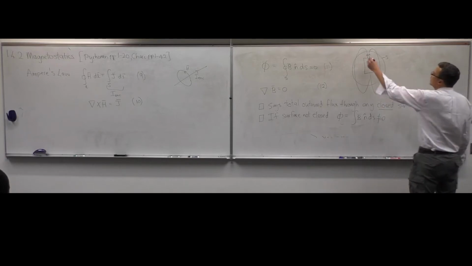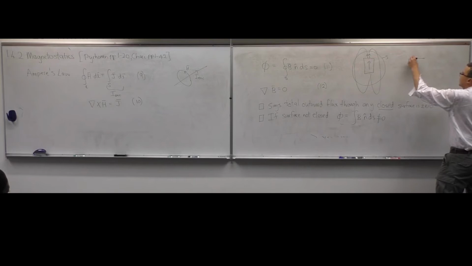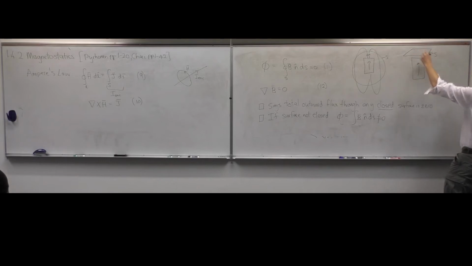For example, if we had the magnet and we wanted to know the field over this surface, that surface is not closed. It's not completely surrounding the source. So the flux going through that surface does not have to equal 0. Right? Okay? Any questions on that?